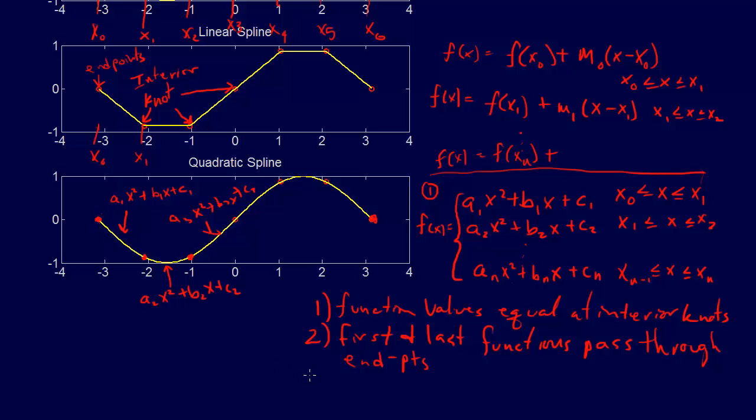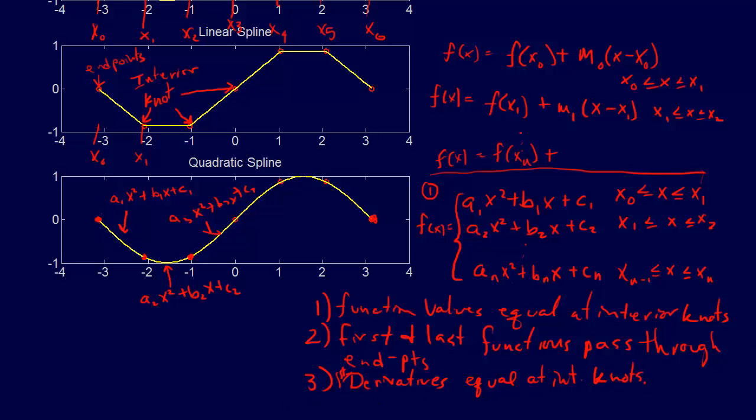Okay, next thing, number 3. Now we've got the function values equal at interior knots, but not only that, the first derivatives are equal at interior knots.